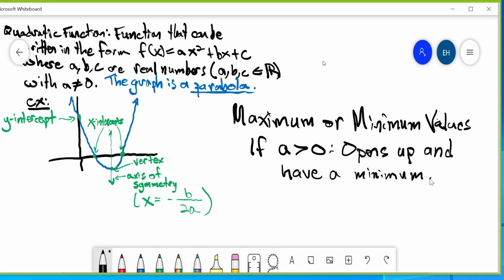So we don't know the equation of this blue parabola over here, but we do know that it's opening up, right? And since it's opening up, we know a is positive.